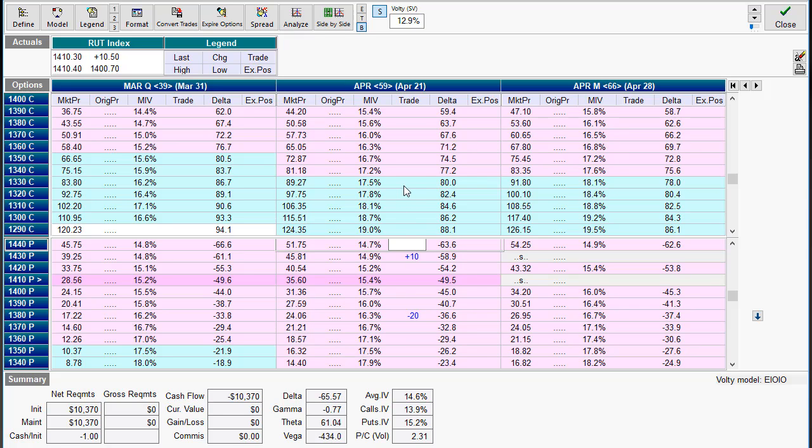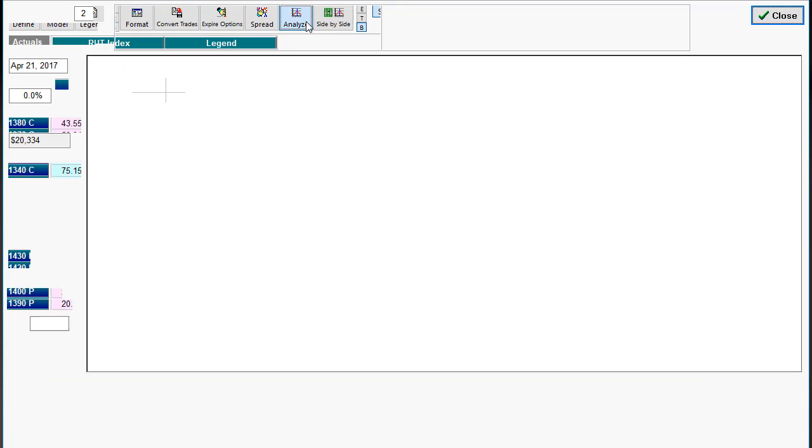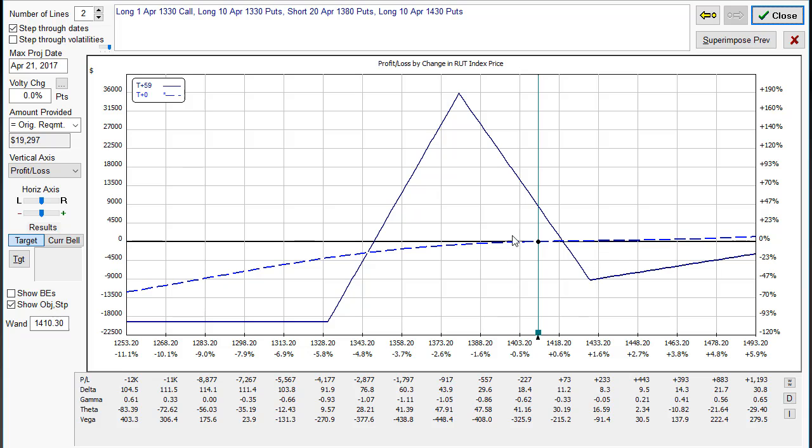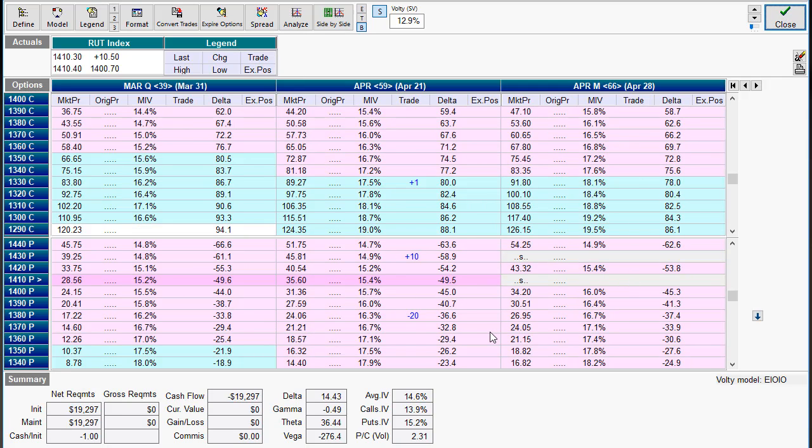All right, and now I will come in here and say, well, let me do one call option. Gives me the same profile. Everything's exactly the same. And what you'll have to accept and realize in your mind is the IWM is 1/10 of the Russell 2000.